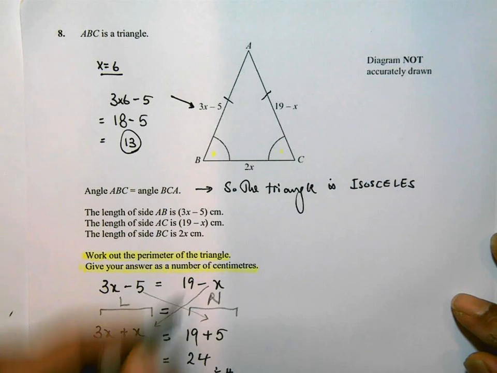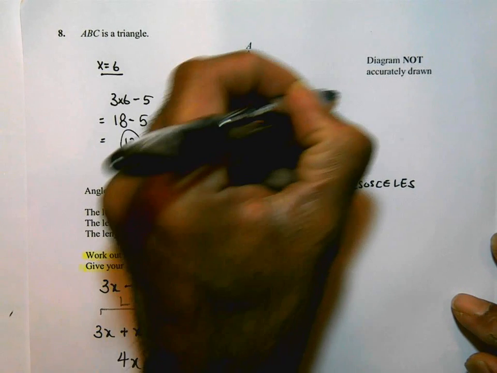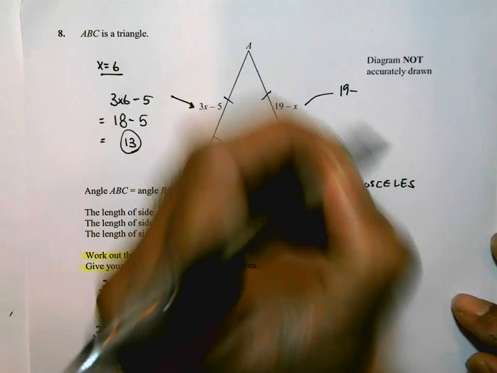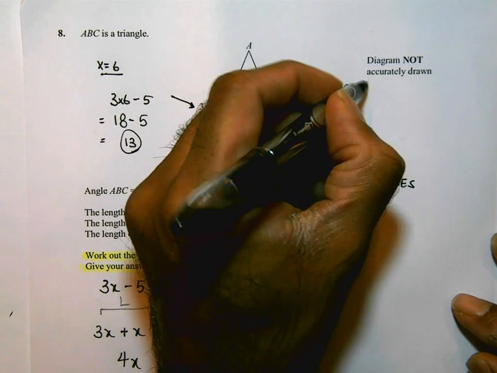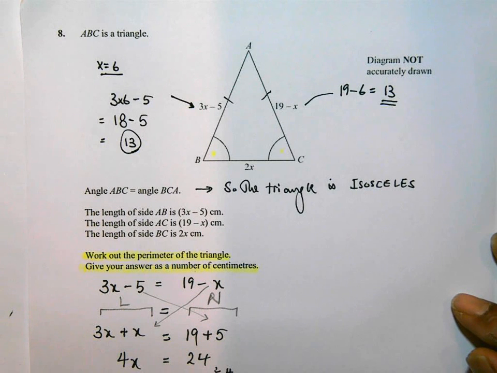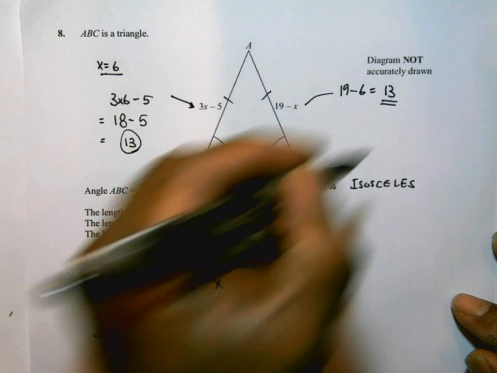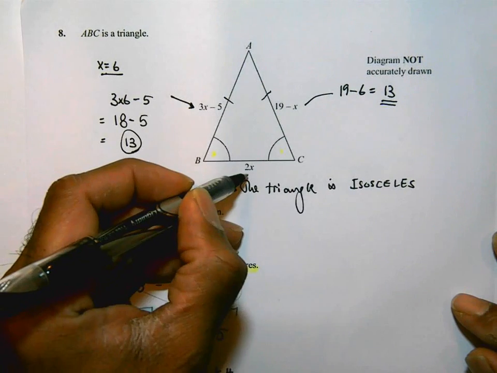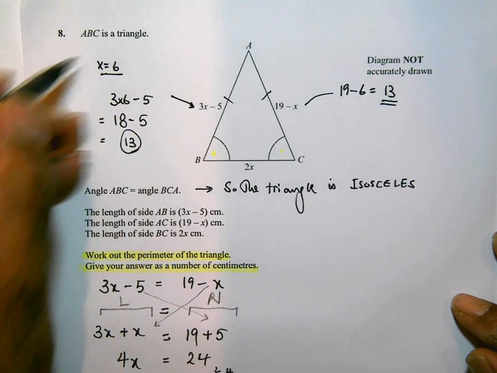And so that tells me I've done this correctly so far, because that side is 13. And then the base is 2x, so remember x is 6, so that's 2 times 6, which is 12. So the sides of the triangle are 13, 13, and 12.